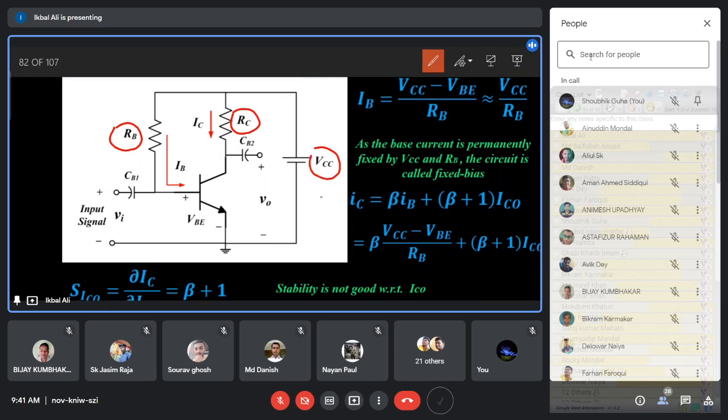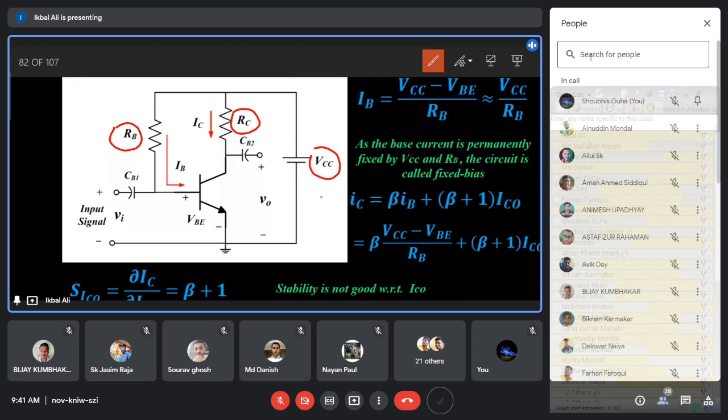The VCC positive terminal is directly connected to RC as well as RB, and RC is supplying the collector current, and RB is supplying the constant base current that biases the transistor, making a particular DC collector current flow through the transistor and a particular DC base current flow through the transistor base, as well as the different DC voltages VB and VC applied by this type of circuit.